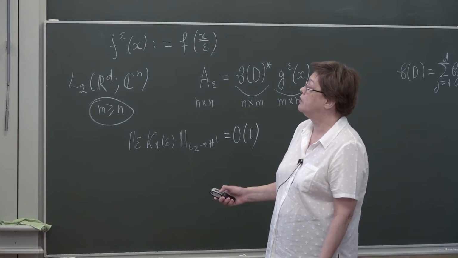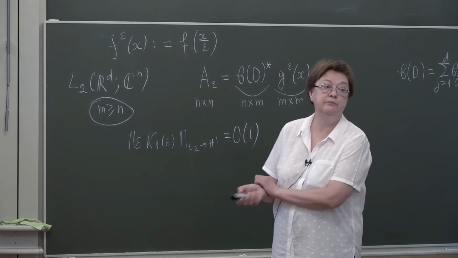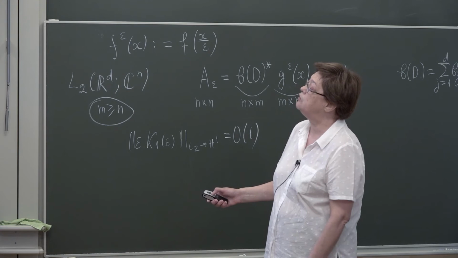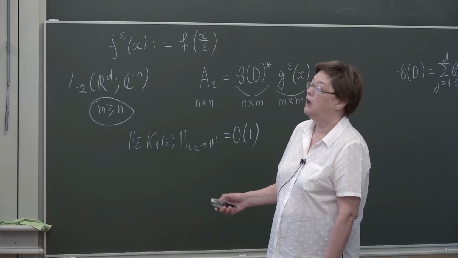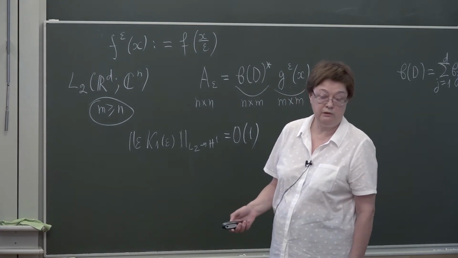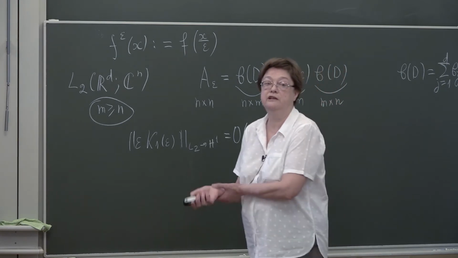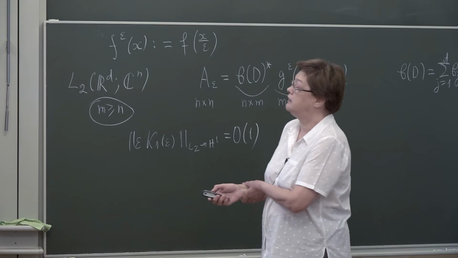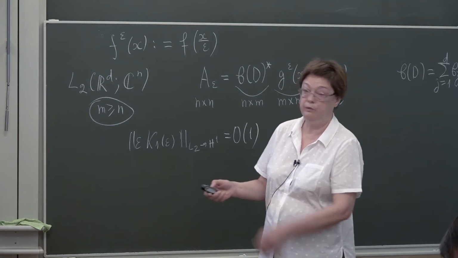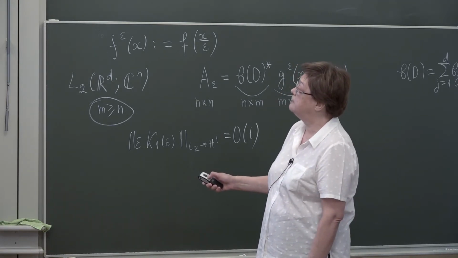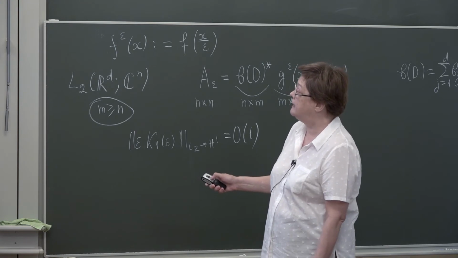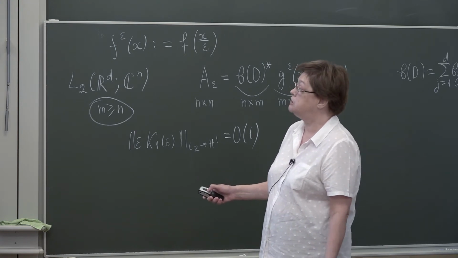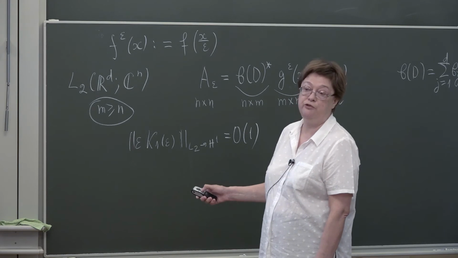So we realized that it is impossible to approximate this exponential in the L2 operator norm, like it was for the resolvent or for the parabolic semigroup. But we have to change the type of the norm. And in order to have the first power of epsilon, we should take the norm from H3 to L2.